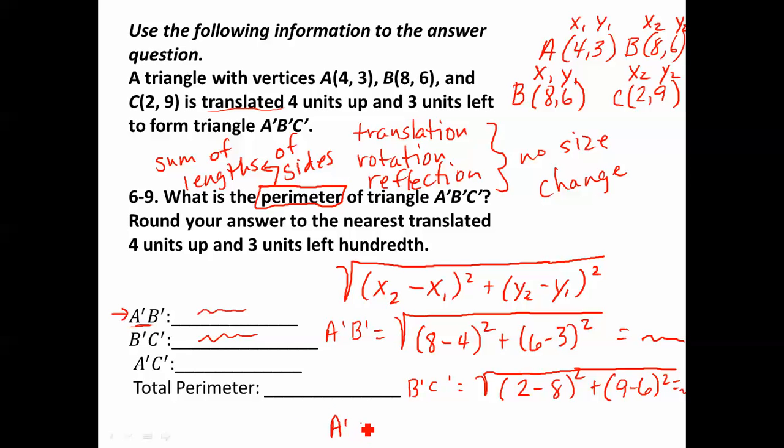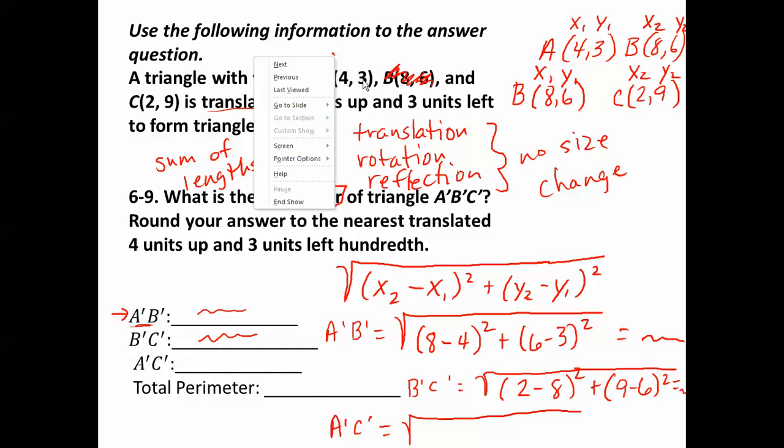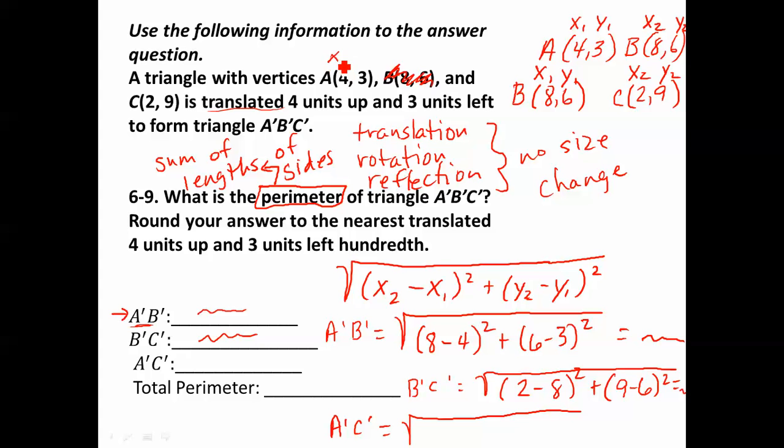Then I'm going to do A prime, C prime. Again, I don't need B, so I'm going to go ahead and cross that off here because I don't have any more room. So over here for A, I'm going to label that x1, y1. And on C, I'm going to label this x2, y2.